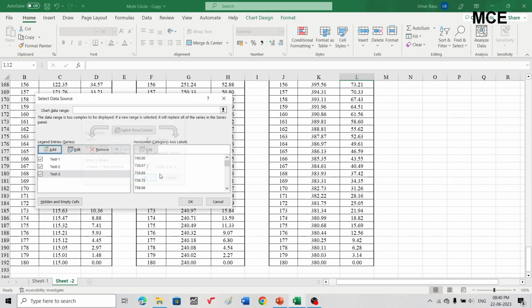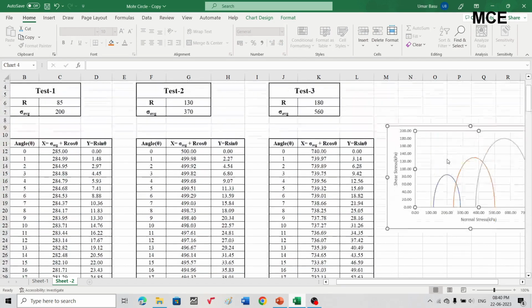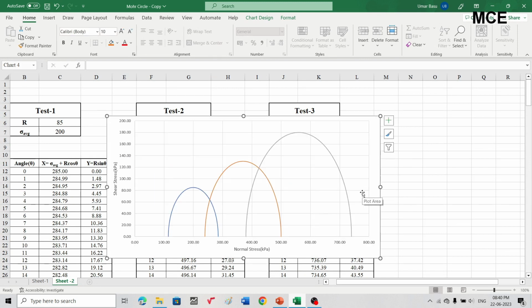And click on OK button. Then press OK, and you can see that we have drawn the Mohr circle for the 3 tests. You can change the size of this chart to see the Mohr circles clearly.